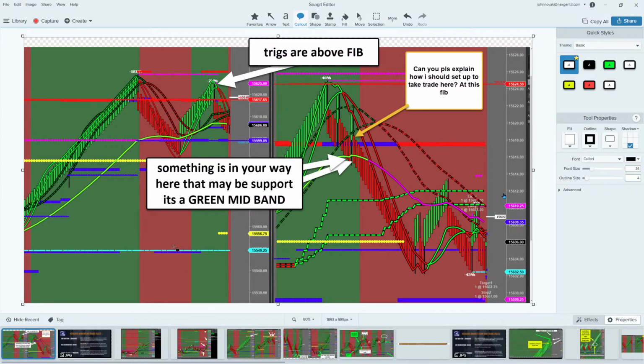So your triggers are above a fib, and you have a green mid-band and blue support on this chart. We'll call it a fib. We'll call it red. And you're wondering how to go short into a green mid-band with triggers above the fib. That's not a good momentum short.